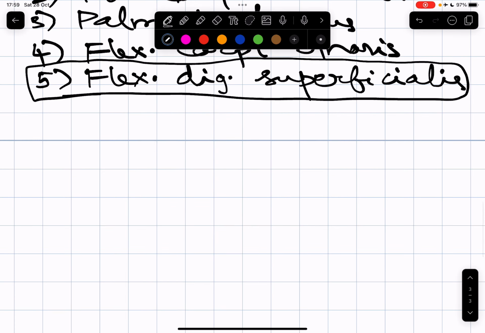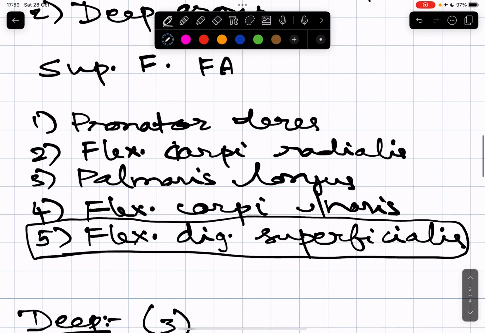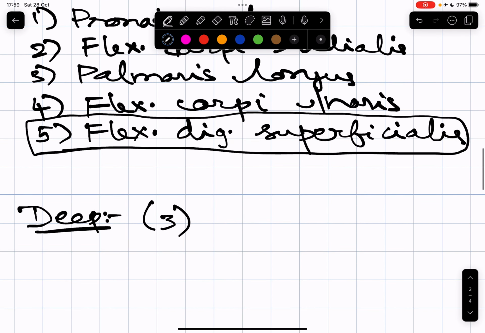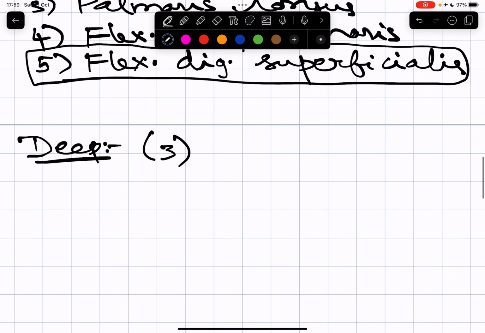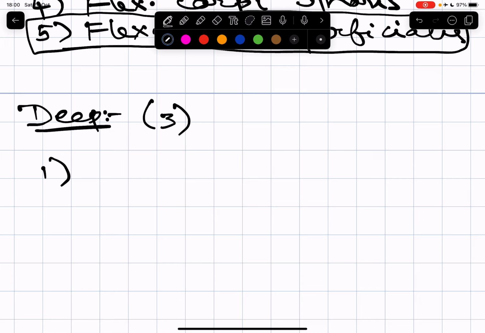Now these are the superficial muscles, and then we have the deep muscles, which consist of 3. There are 3 deep muscles and 5 superficial muscles. So altogether we have 5 plus 3, 8 muscles in the front of the forearm. So what are the names of the deep flexor muscles of the front of the forearm?